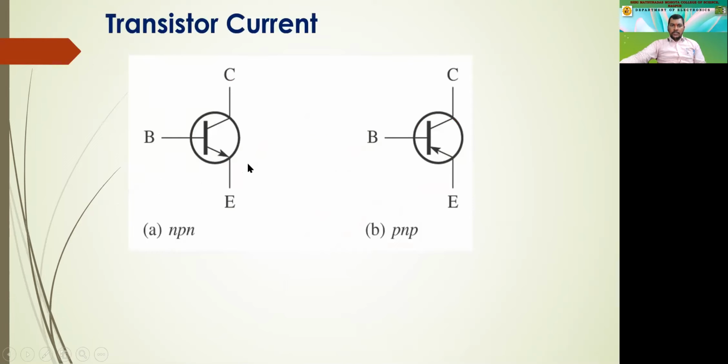So these are the transistor currents that we are having. We have three terminals: base, collector, emitter. This is for the NPN transistor, and this is for the PNP transistor. Now just see the currents.